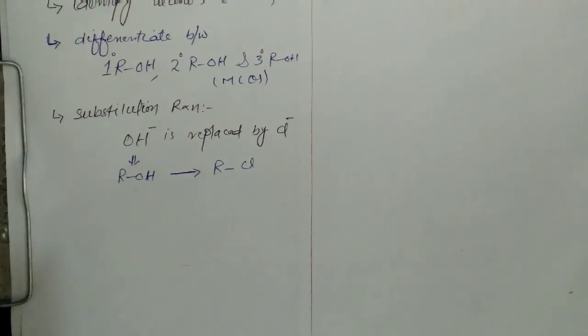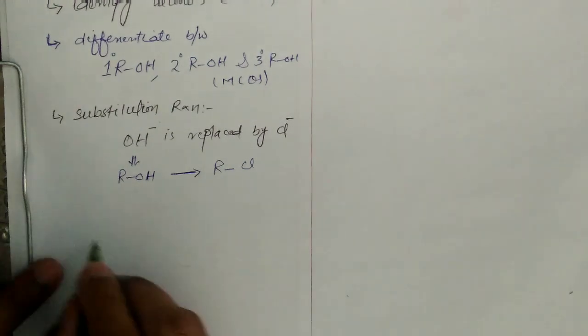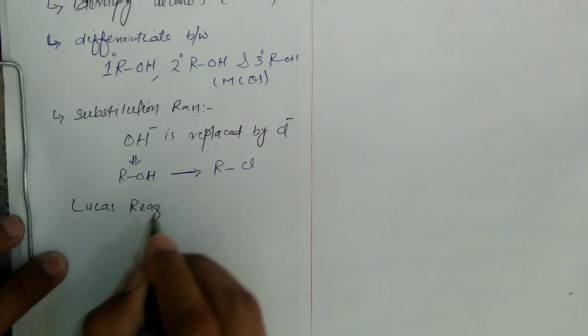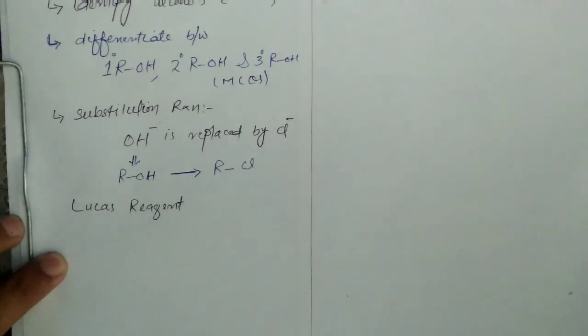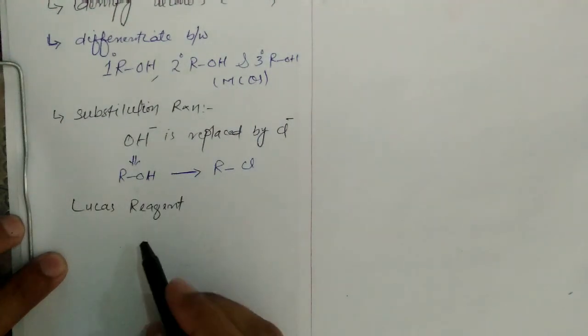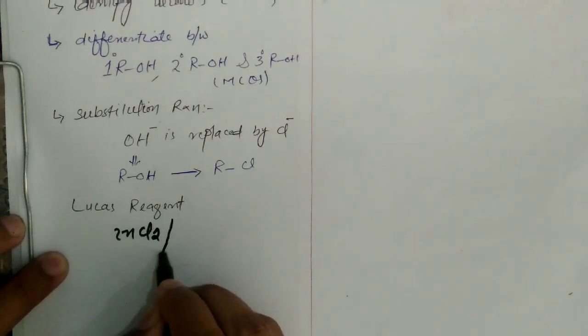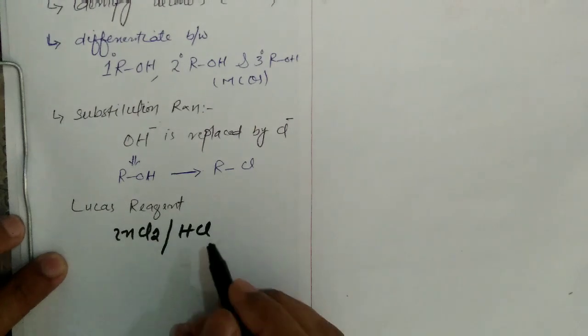Now, what is Lucas reagent? Very simple. Lucas reagent is ZnCl2 and HCl.